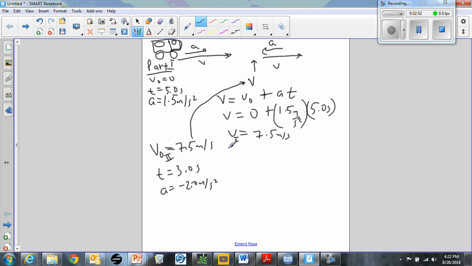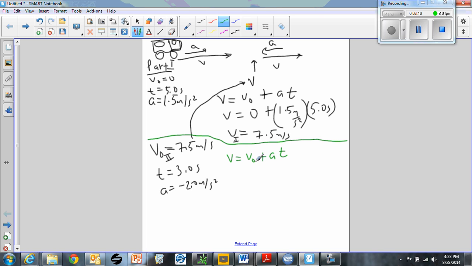Well, so let me do this in a different color. I can make a line here, and everything below this line is part 2. So v equals v naught plus at.